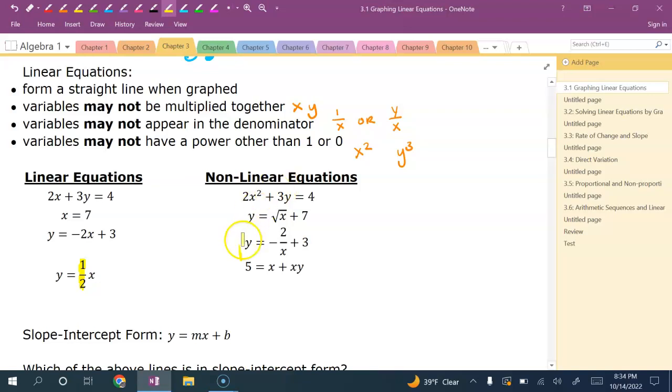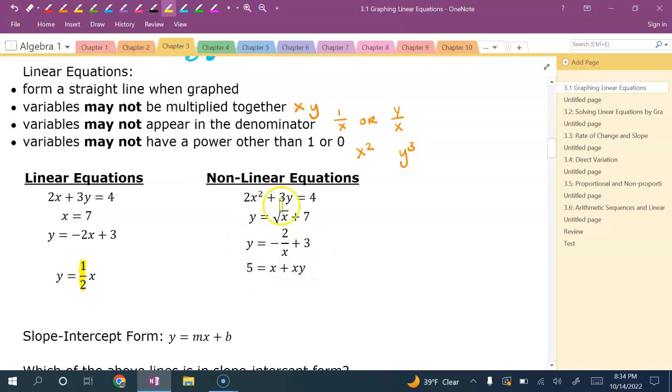Now, if you look at the other set of equations I have here, these are the nonlinear equations. So let's just go through and find what you think the issue is with all of these. So this first one right here has an x squared. And I said that you cannot have variables that have powers other than 1 or 0. So that's what causes that one to become nonlinear. Now, the second one may look like it's pretty linear, but the one that has the square root is actually causing it to be nonlinear.